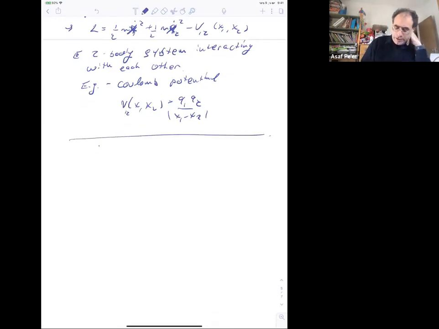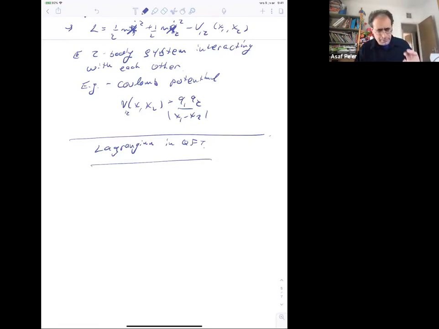Okay, Lagrangians in QFT. So the big difference is there are several subtle points here. The first point to note is that in classical mechanics, the Lagrangian is a function of a discrete number of coordinates, which I mark as Qi, normally X, Y, and Z of each individual particle.